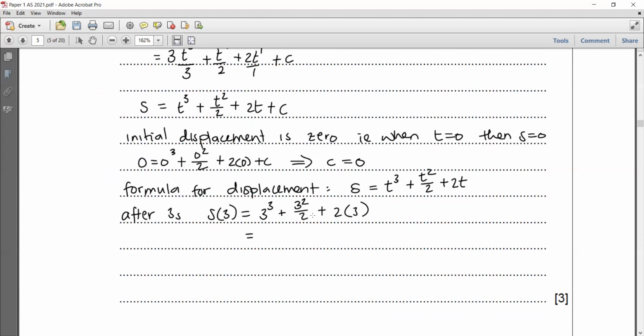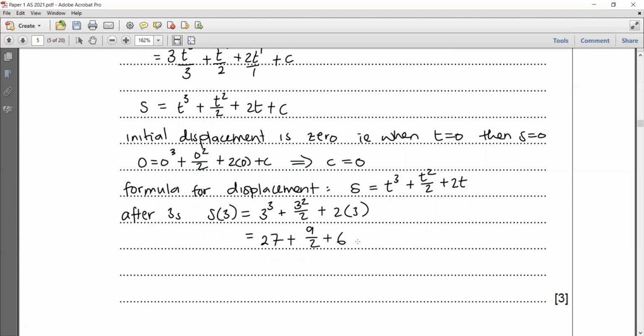This is 3 cubed plus 3 squared over 2 plus 2 times 3. So you can type it in exactly the way it is on the calculator. 3 cubed is 27. And then here I have 9 over 2. Then this is 6.